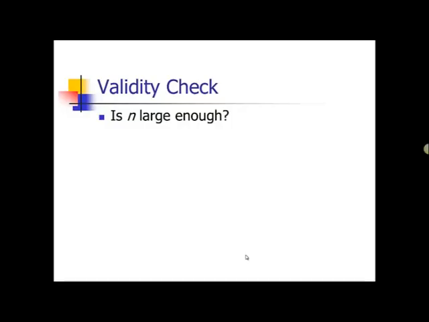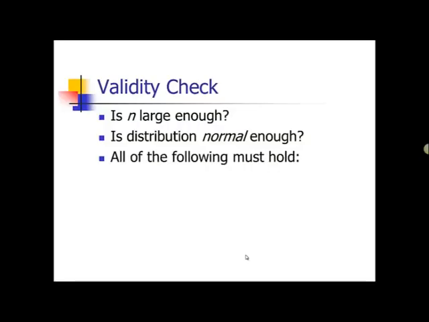It's a combination of the sample size: is our sample size large enough? And accompanying that is our probability of success: is our population proportion estimate sufficiently central, so sufficiently far away from the extremes of 0 or 1, that the distribution is normal enough to be modeled with the z distribution?